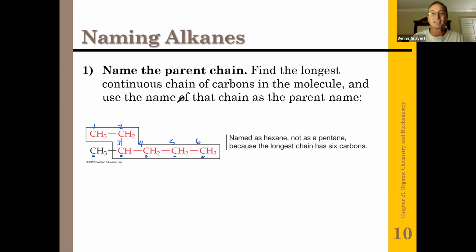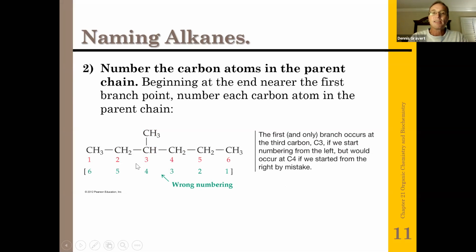That'll help you construct the name of this molecule. Okay, and then if you have a chain, there's a beginning to the chain and an end to the chain. You need to pick the end that gets you to the first branch or the first decoration, another double bond or a triple bond or another element.